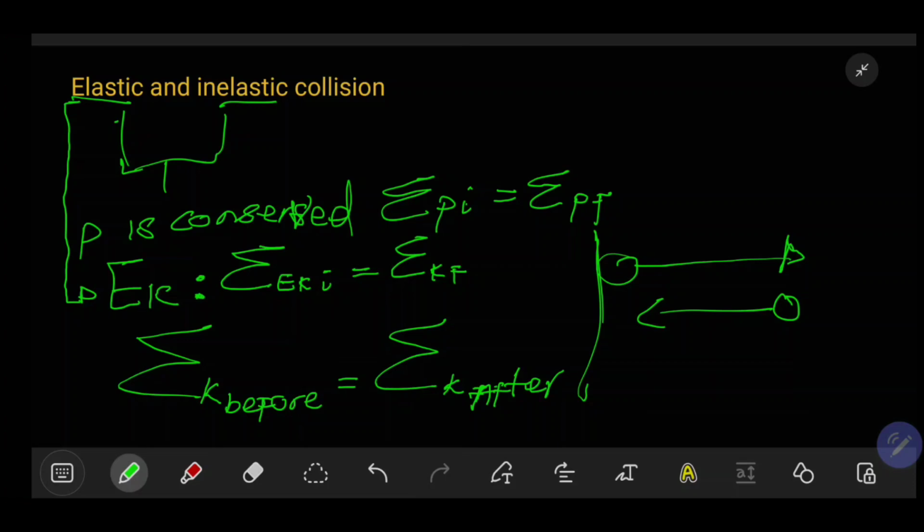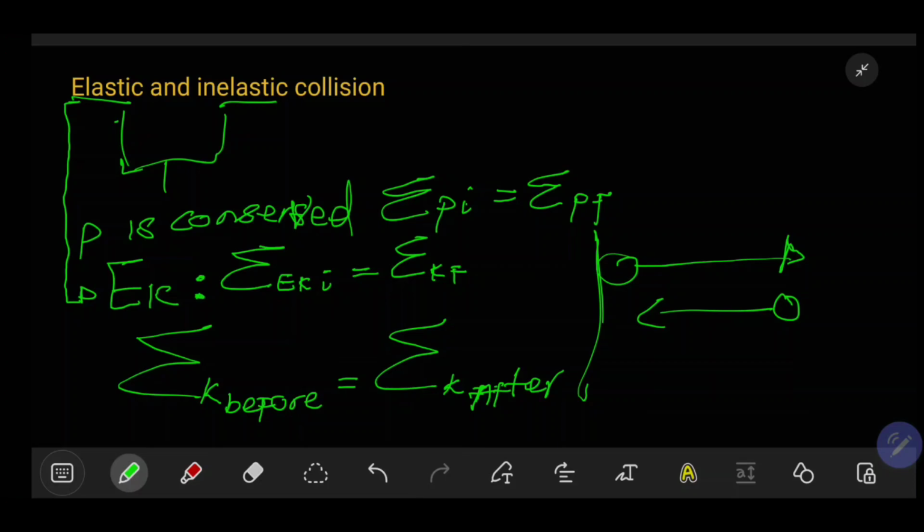Then when we talk of an inelastic collision, it's a type of collision whereby the momentum is conserved, but the kinetic energy is not conserved.